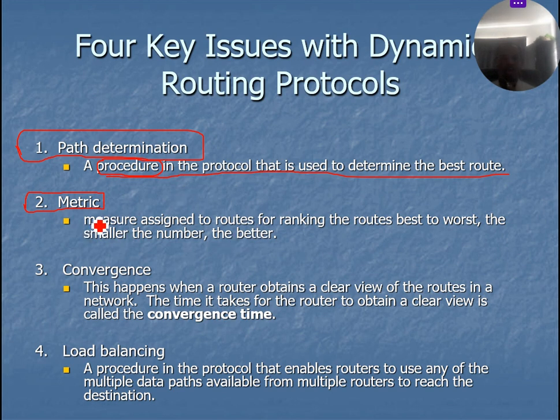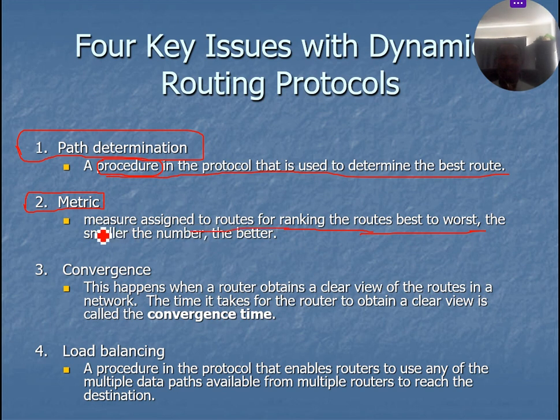So metric is the measure assigned to routes for ranking them, best to worst. So what method do we use to rank the routes?